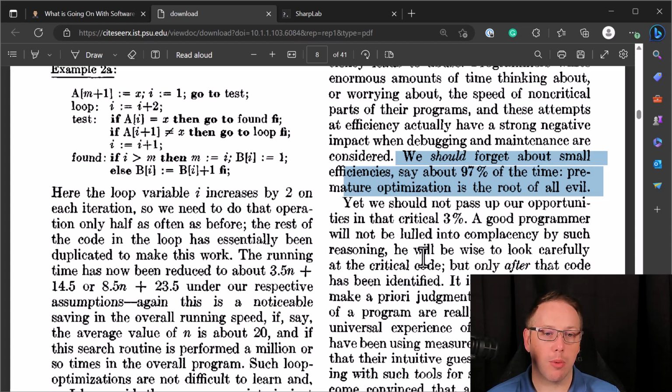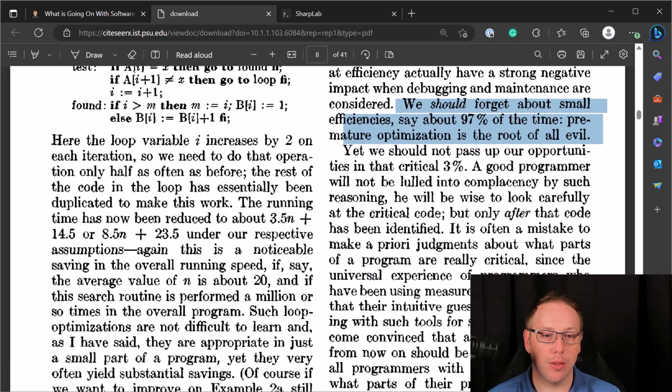A good programmer will not be lulled into complacency by such reasoning. He'll be wise to look carefully at the critical code, but only after that code has been identified. It is often a mistake to make a priori judgments about the parts of the program that are really critical, since the universal experience of programmers who have been using measurement tools is that their intuitive guesses fail.